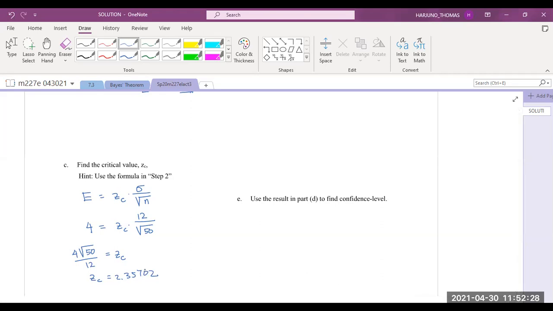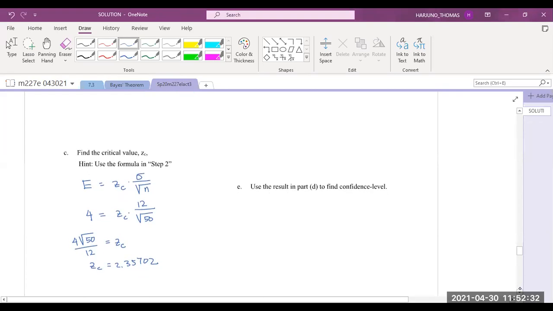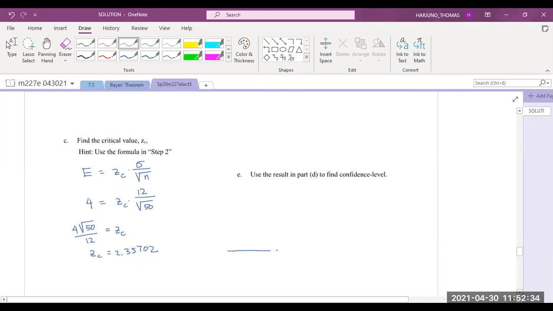Actually, we can find the confidence level already at this point, because the confidence level is the area bounded by that critical value on the top and the opposite of that critical value at the bottom, right?